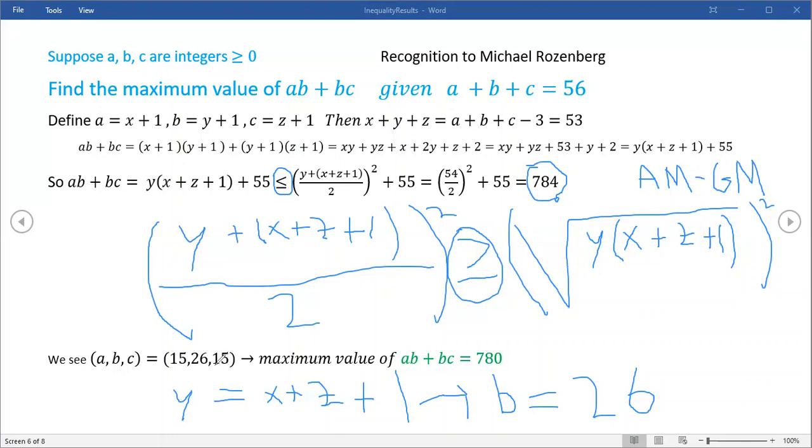Now, if it were real valued, the answer would be 784, but these were the largest integers that would meet the criterion. If you bump these integers up any higher, you would exceed this value 784, right? Okay, and again, I'm leaving out some of the arithmetic, folks, but this is the solution.